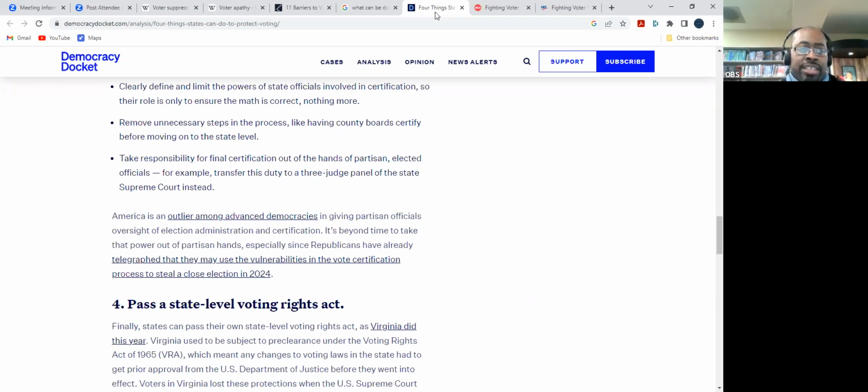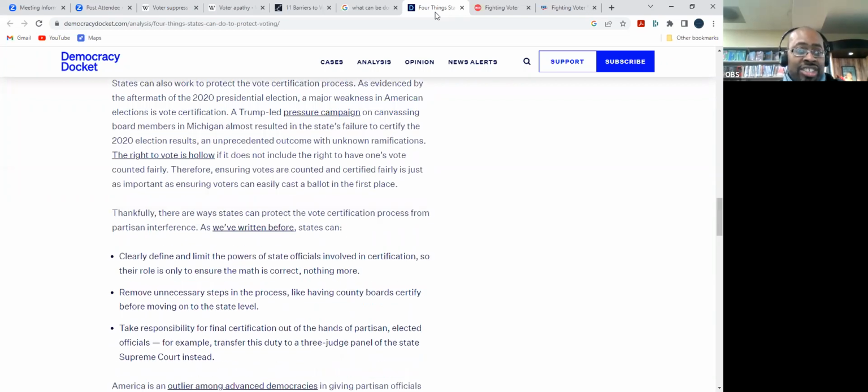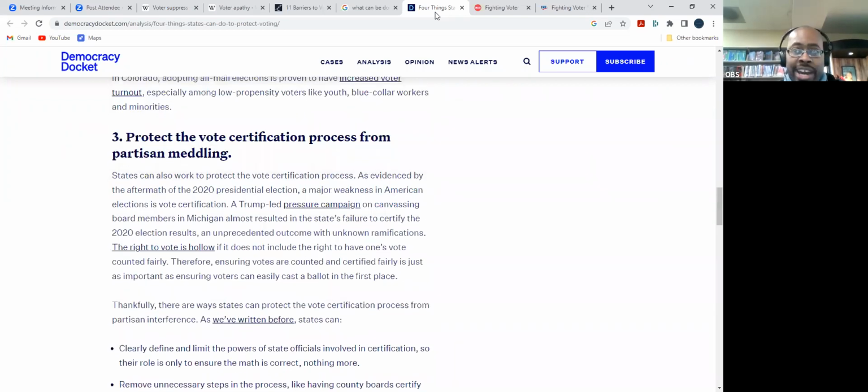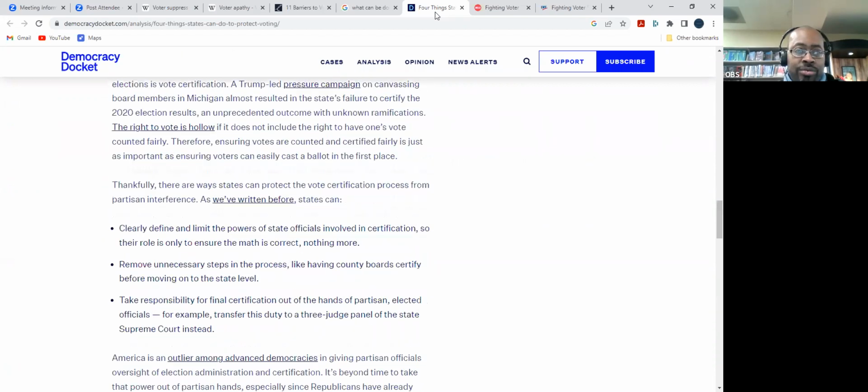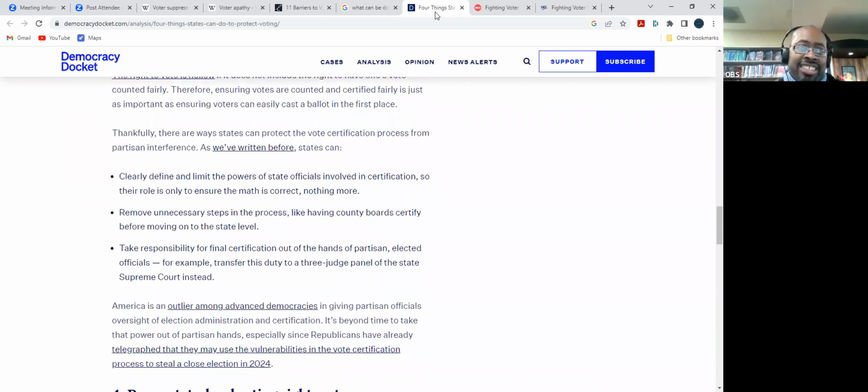Also, another thing that you can do is that if the Secretary of State is running for re-election, this individual will have no business being part of the certification process whatsoever. We had instances in Georgia where the Secretary of State at that time, I think it was in 2016, Kemp, he was Secretary of State at that time, he ran for governor.